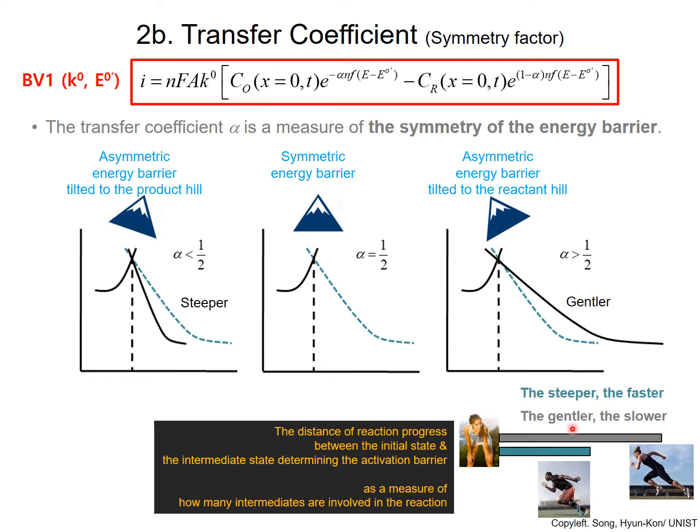At alpha larger than 0.5, for the gentler slope case, the distance between the initial state and the intermediate state is longer.